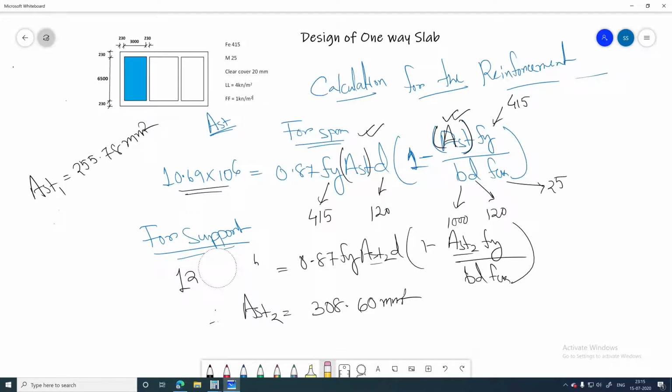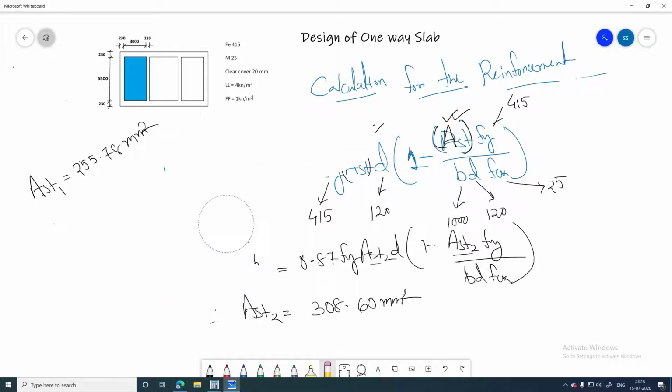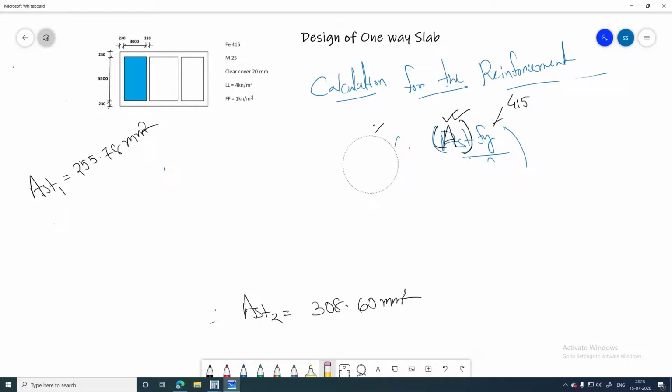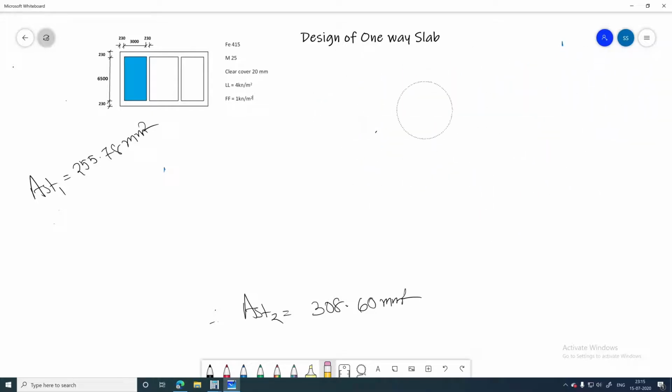So let's remove other things. Now we need to determine the spacing and the size of the bar you need to provide, the simple things. So this is the area of steel for the span.